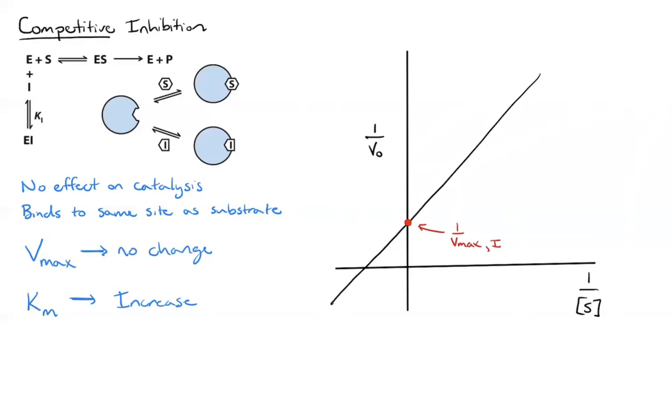If the Km increases, this is the one that's a little trickier. We have to think about what that'll do to the x-intercept, right? We know the x-intercept here is equal to a value of negative 1 over Km, right? So if Km gets bigger, that means that the denominator of that fraction is going to get larger, and that means that the number here is going to decrease in magnitude, right?